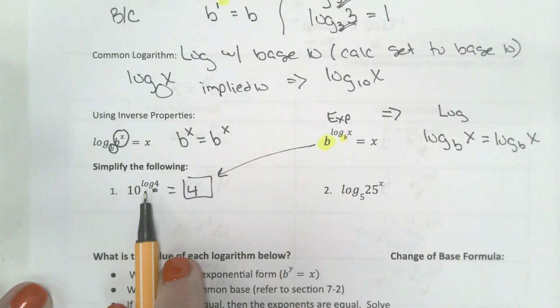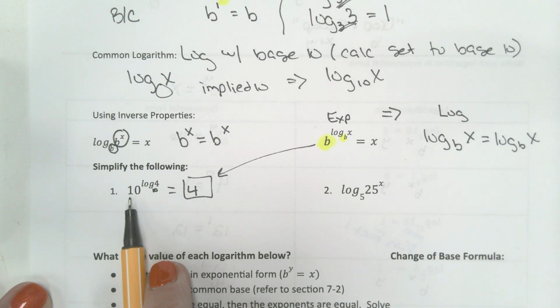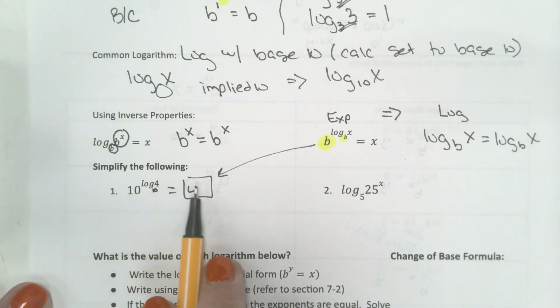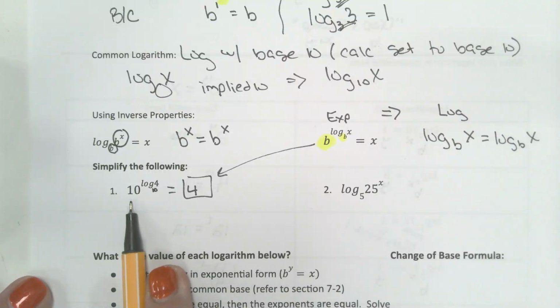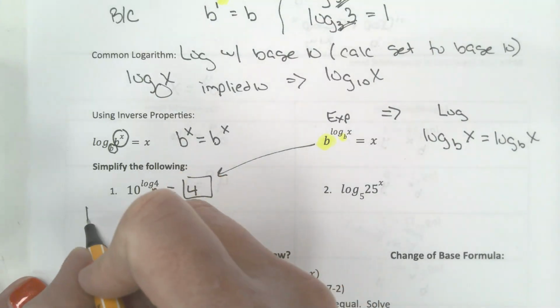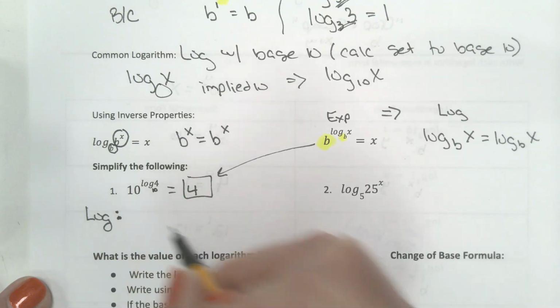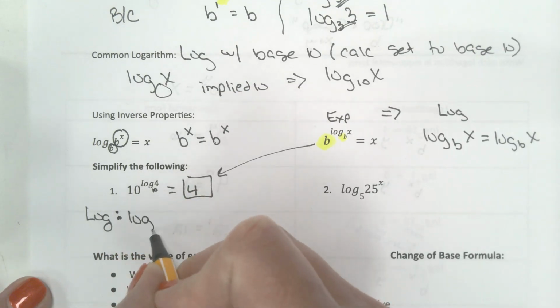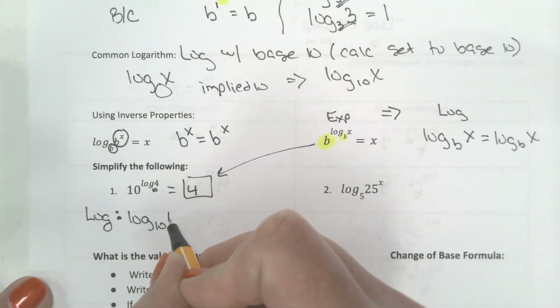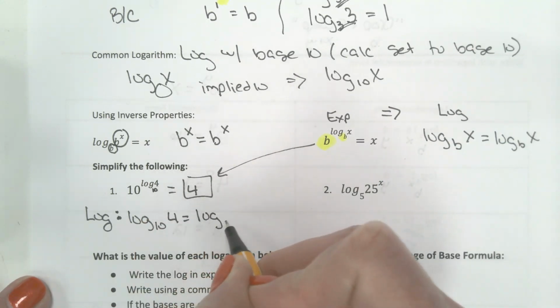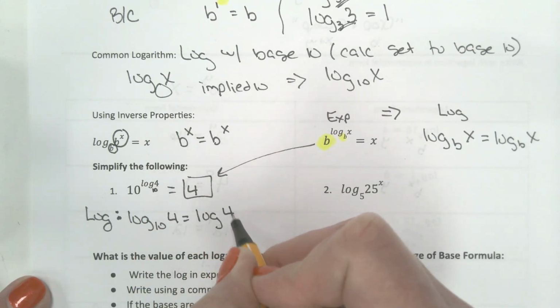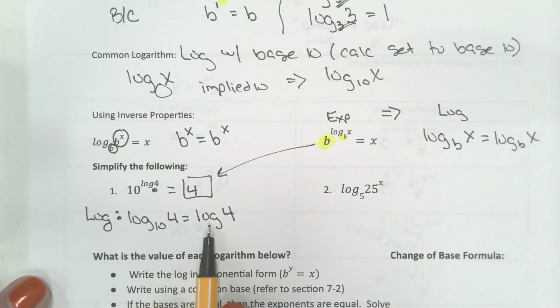So I have log base 10, and there's a 10 down here, so these kind of cancel each other out, and that's why 4 is the answer. If this is harder to see, then change it into log form. So in log form, you would have log base 10, this 4 comes over, that exponent goes to the other side. So whether I have a 10 here or I leave it blank, this is still the same thing.